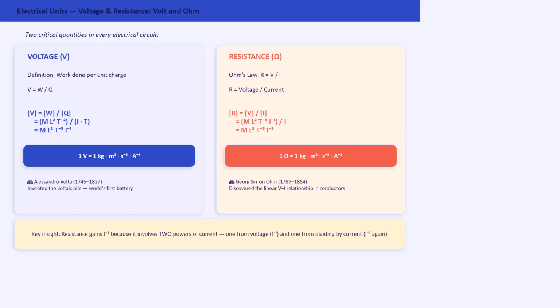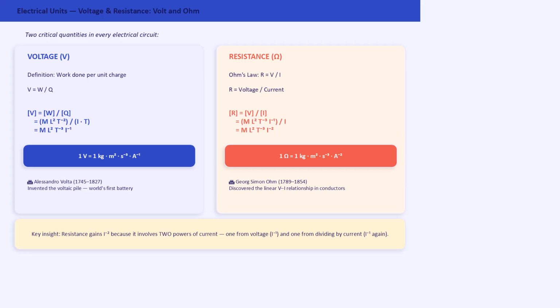Now we derive two of the most important quantities in circuit analysis: voltage and resistance. Voltage, also called electromotive force, is defined as the work done per unit charge. In equation form, V equals W divided by Q. Let us substitute dimensions. W has dimensions mL squared T to the minus 2 and Q has dimensions IT.